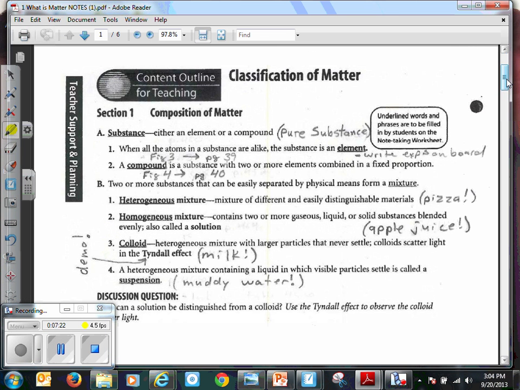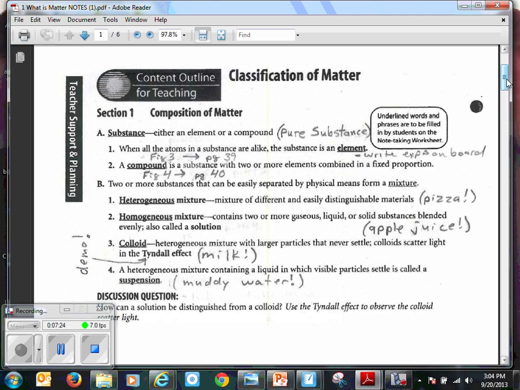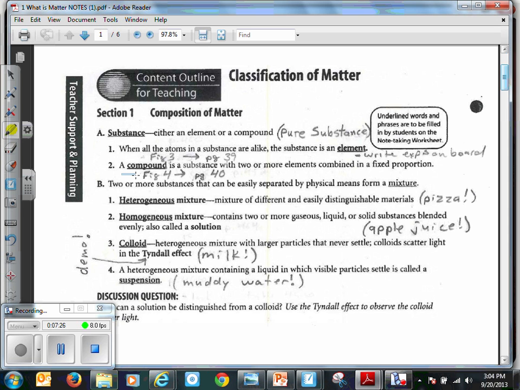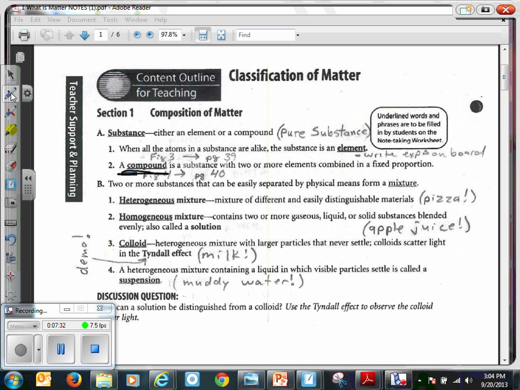The question was, what's the actual definition of a compound here? Okay, so we have a compound right here, and it's defined as a substance with two or more elements combined in a fixed proportion, which would be like water is a compound.